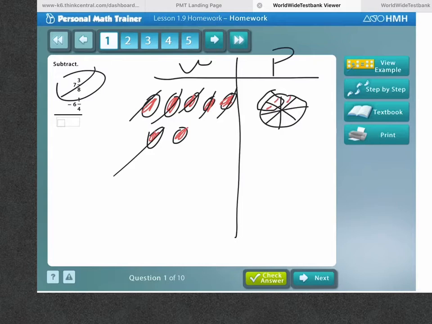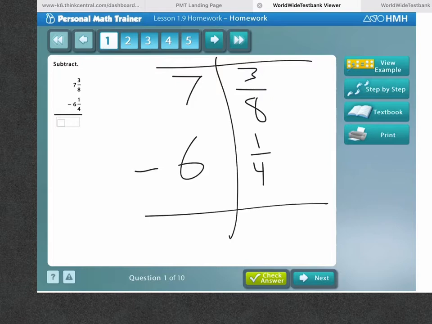But typically that's not the case, so we want to go ahead and do the strategy of regrouping and finding a common denominator. So I've drawn the algorithm on the whiteboard showing 7 3/8 minus 6 1/4, and you can see that these are unlike fractions, so we need to find a common denominator.